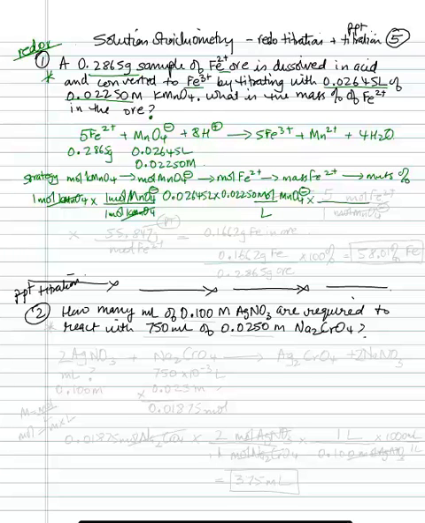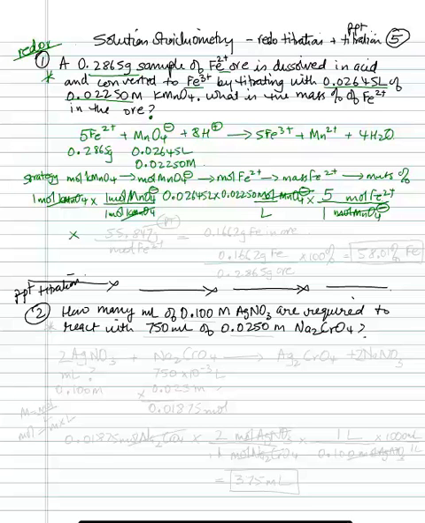So moles of MnO4- to moles of iron 2+, and for every 1 mole we have 5 of iron 2+. I'm going to have to go to the other line, which I try to avoid, but that's not happening this time.